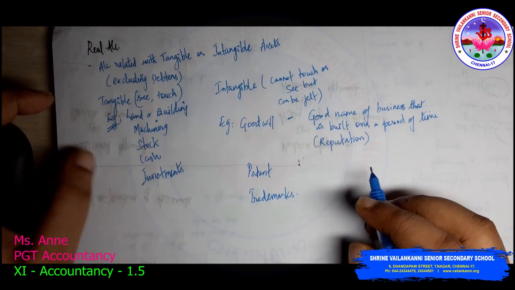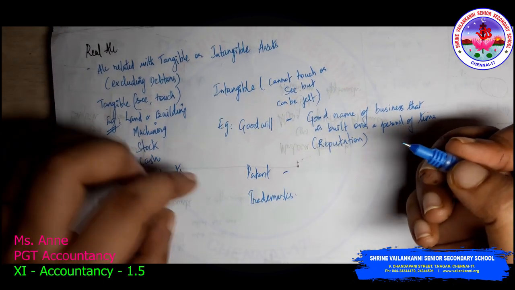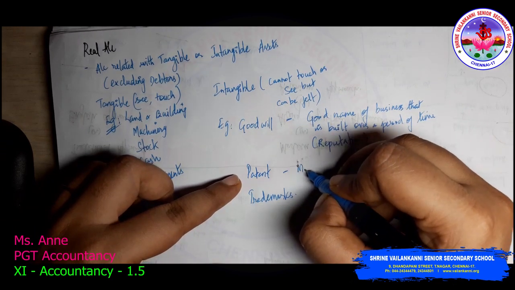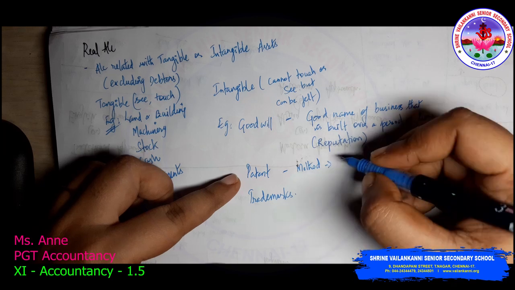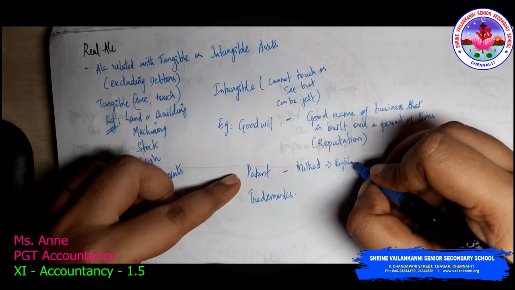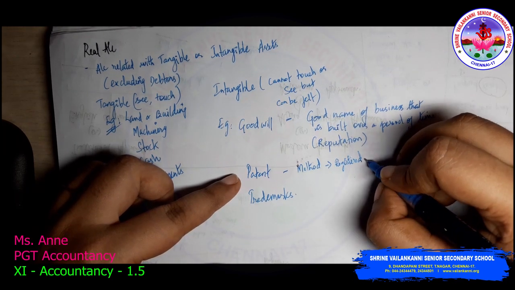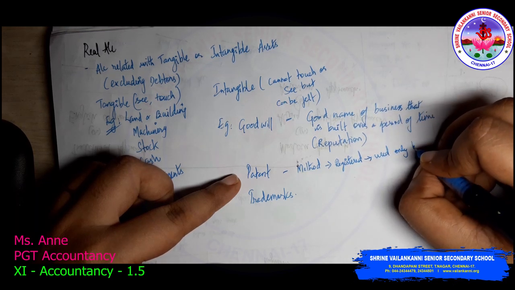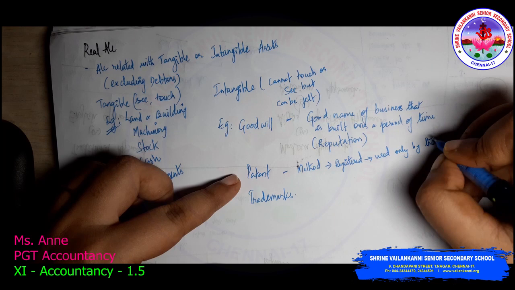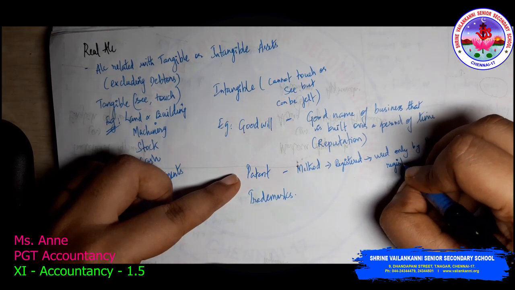So a patent is nothing but a particular method that you get registered, and that can be used only by those registered.